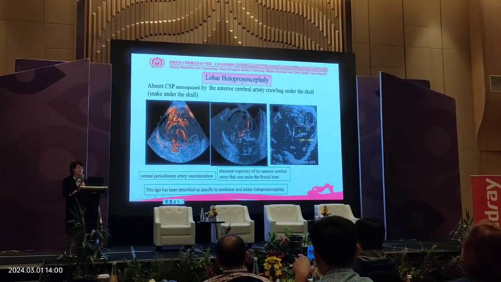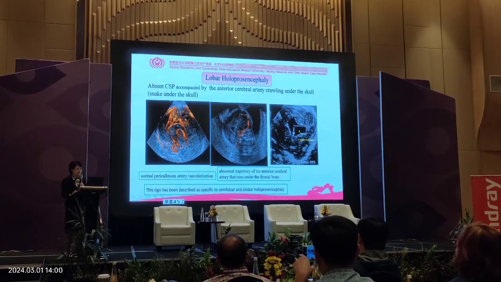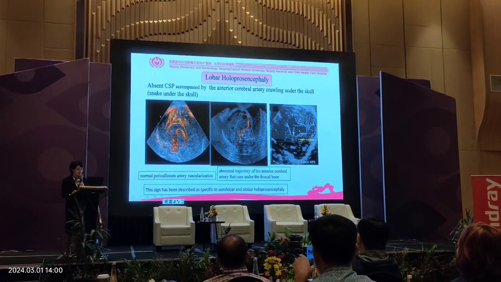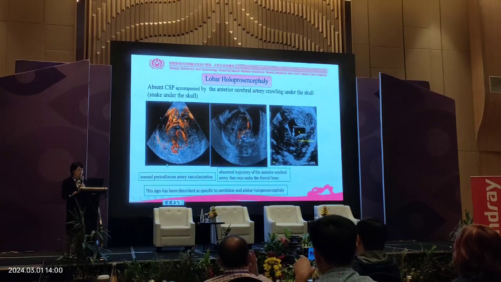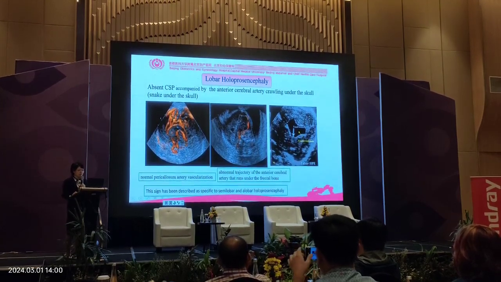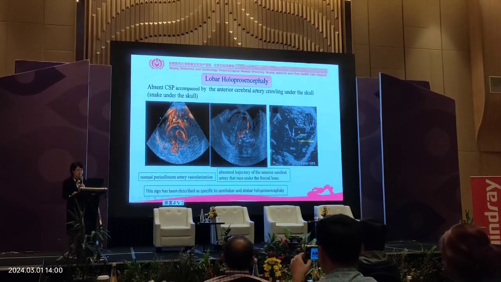So if the CSP is absent, we can use color Doppler to understand. Yes, we can find lobar holoprosencephaly. We can see the picture. This one is the normal pericallosal artery with normal vascularization. But this one is abnormal.